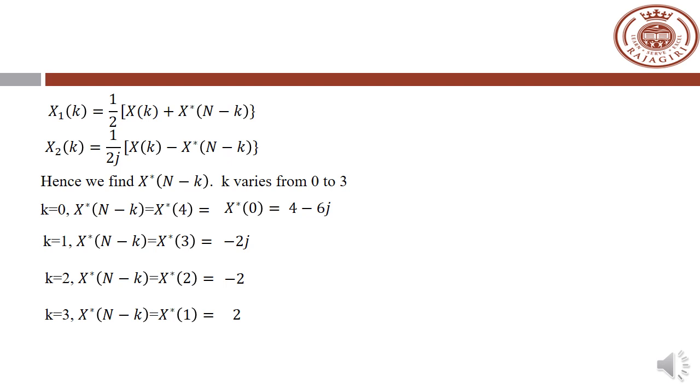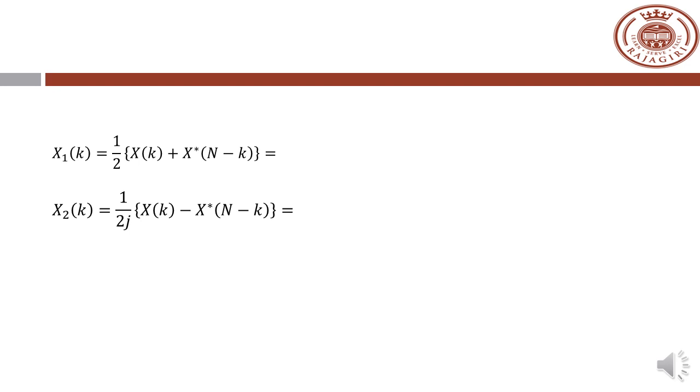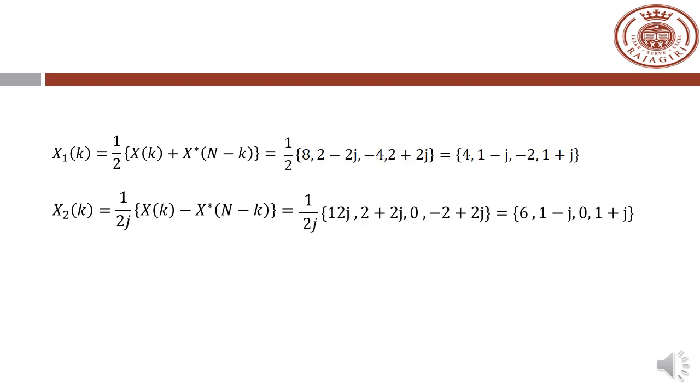Once we have X of k and X conjugate of N minus k, we can find X1 of k and X2 of k using the given equation. As in the previous slide, we have found X1 of k and X2 of k, which are the 4-point DFTs.